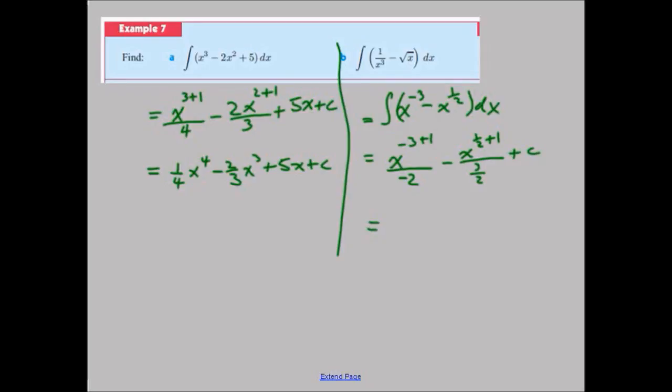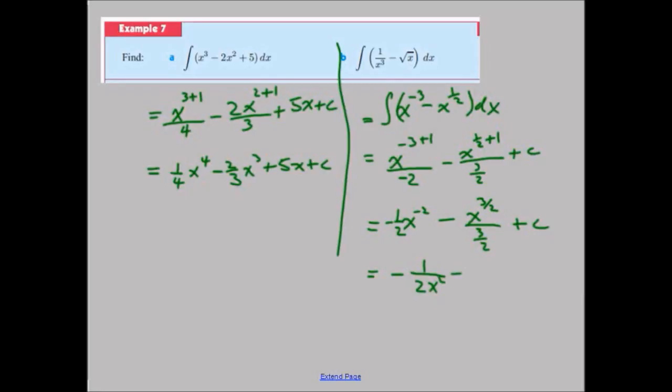Simplify. -1/2 x to the power of -2 subtract x to the power of 3/2 divided by 3/2. Of course, we're still going to have to simplify. So x, 1 over, negative 1 over 2x squared.